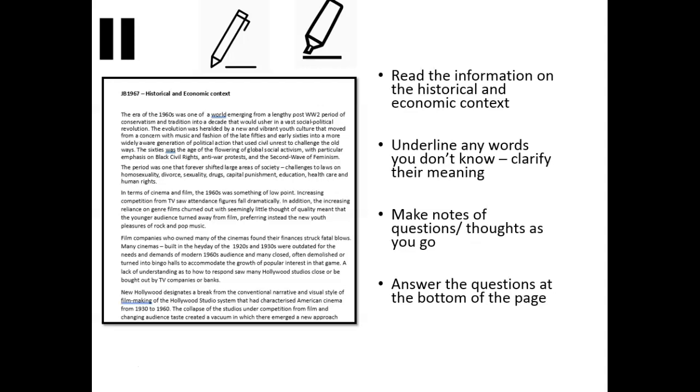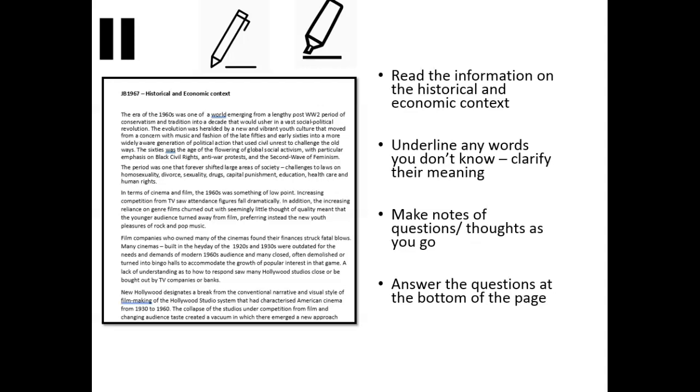On Show My Homework, I've placed this document, and it goes through the historical and economic context of the 1960s. You want to do some active reading here, so either reading on a screen, on something like a Word document where you can highlight, or printing this off and annotating by hand.